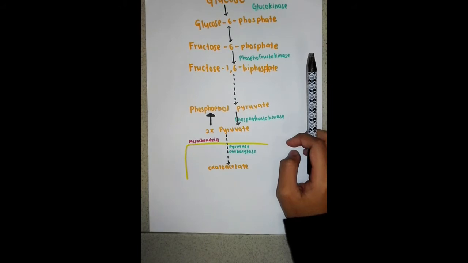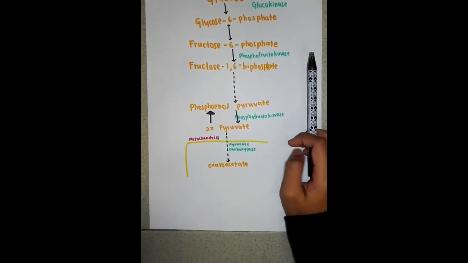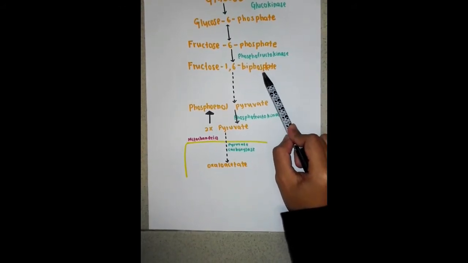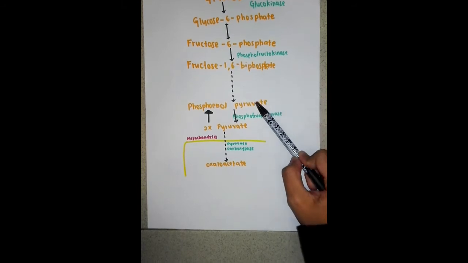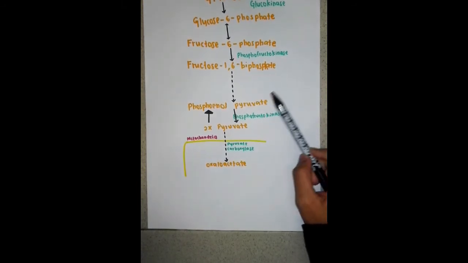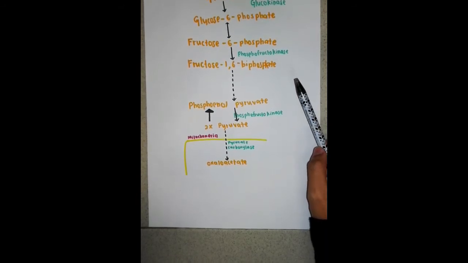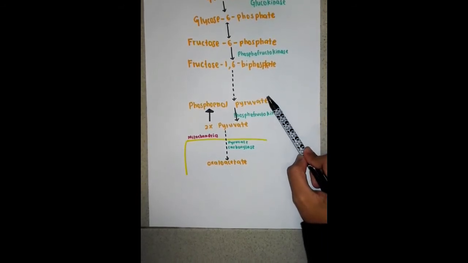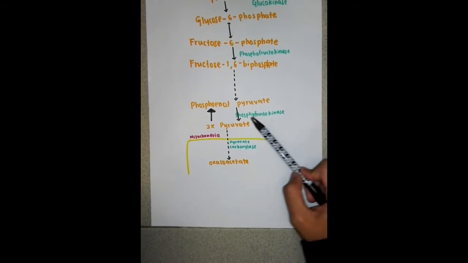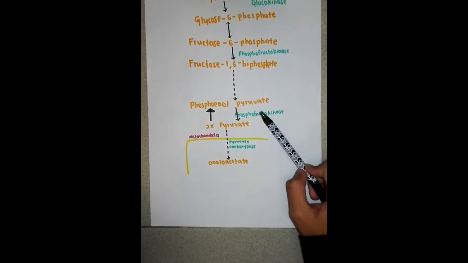And through a series of reversible reactions, fructose 1,6-biphosphate is converted into phosphoenol pyruvate. And in the last of the reactions, the phosphoenol pyruvate is converted into pyruvate by the enzyme pyruvate kinase.